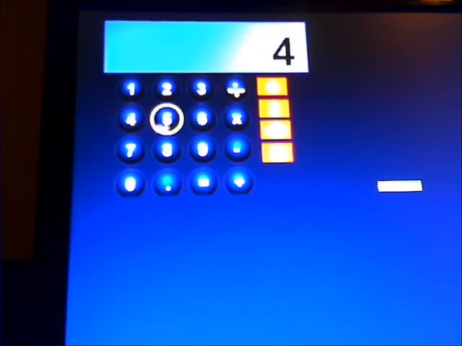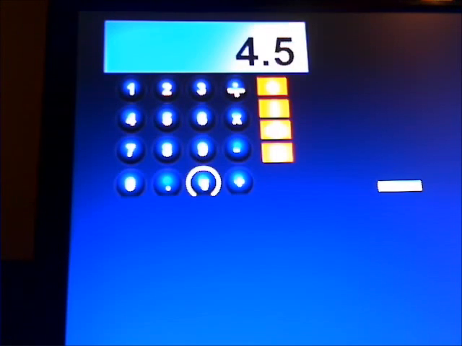So 4 plus 5, of course, is 9. That's divided by 2 because there's two numbers. And there we have it. The median from that series of numbers is 4.5. Let's do another example.